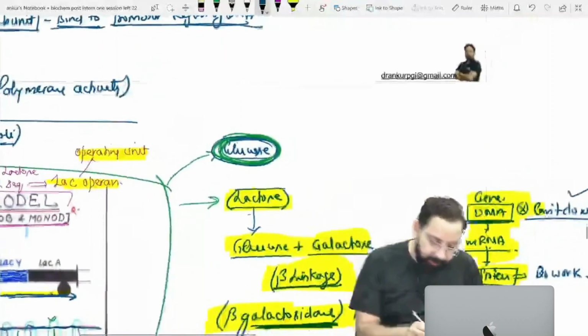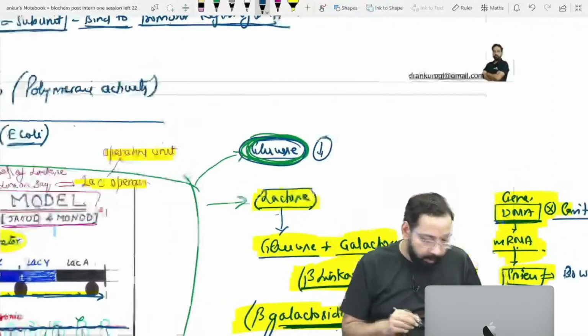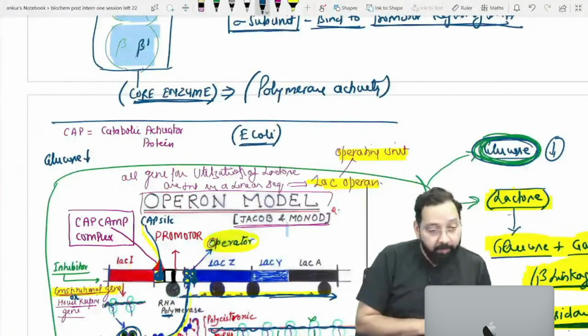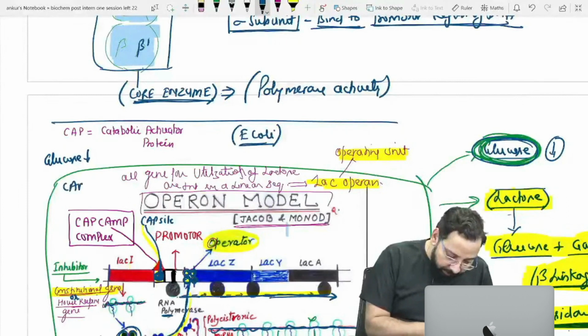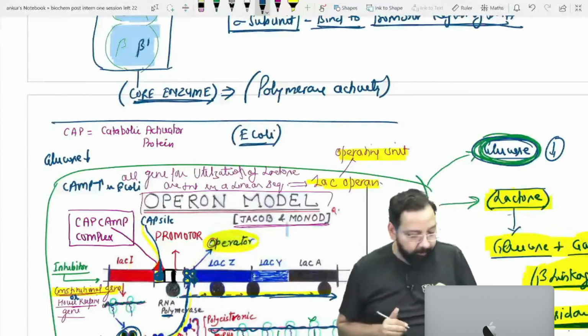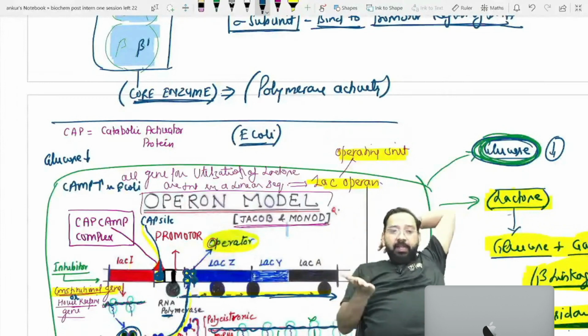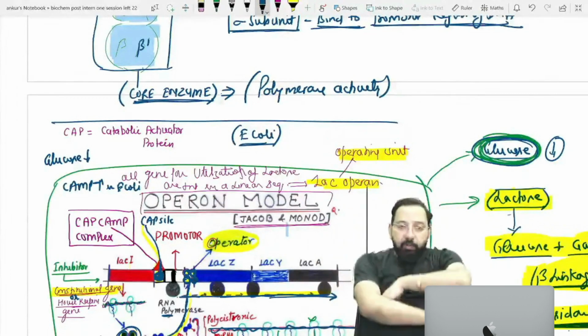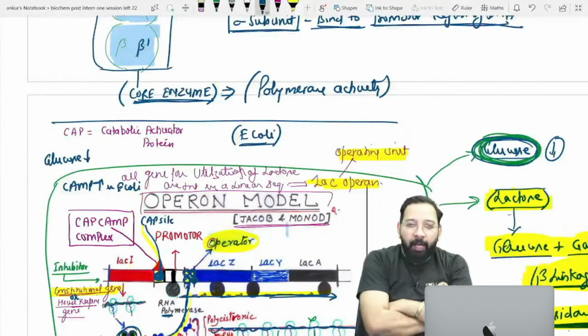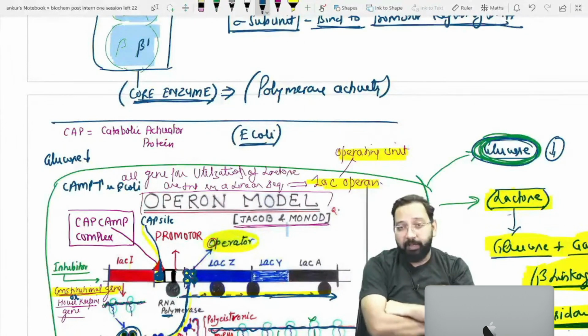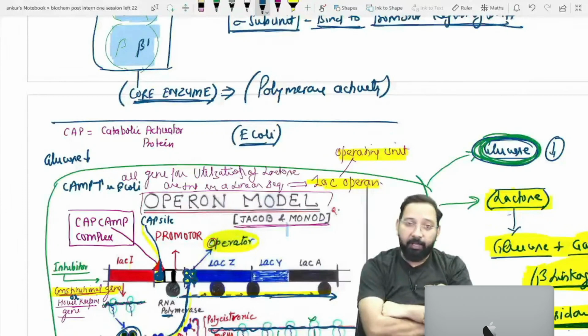Now what happened? Glucose decreases in the environment. When glucose decreases, cyclic AMP increases in E. coli. Please do reply: in our body, if glucose decreases, does cyclic AMP increase or decrease, and how is it regulated?